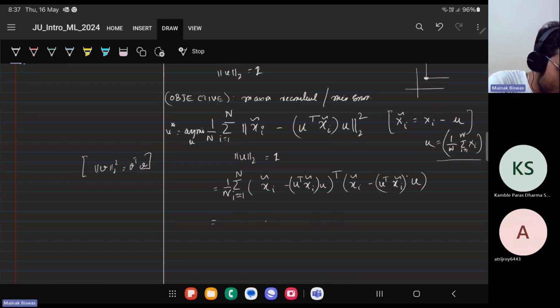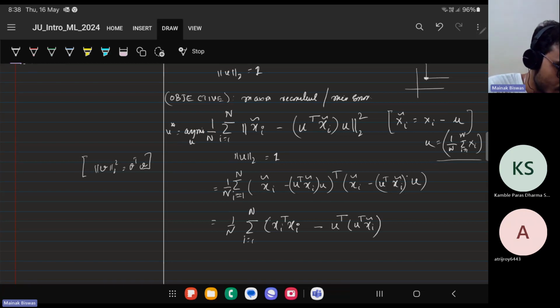Good. So now I will have xi transpose xi. Can you help me with the rest of the terms? Xi transpose xi minus u transpose xi, because the scalar does not change with transpose, xi.